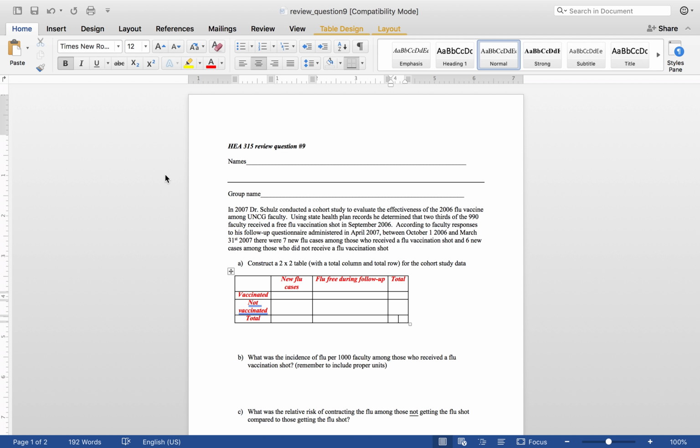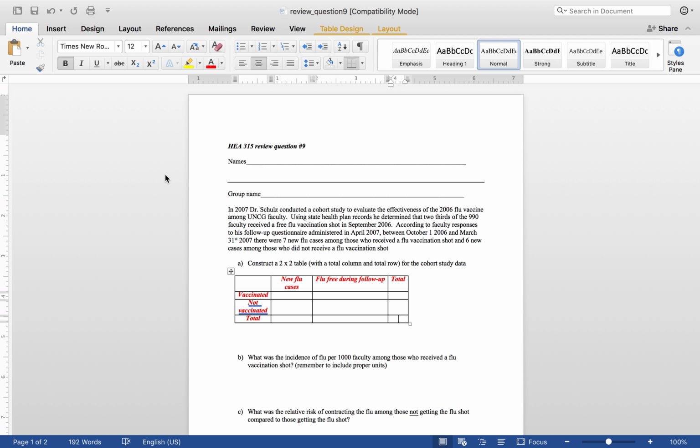The first thing we need to do to construct this 2 by 2 table is just see what items we can fill into the table right off the bat. So we can see in the second sentence, using the state health plan records, he determined that 2/3 of the 990 faculty received a free flu vaccination in September.